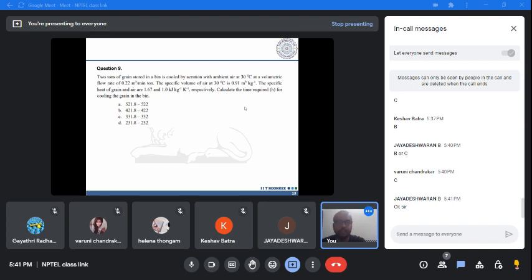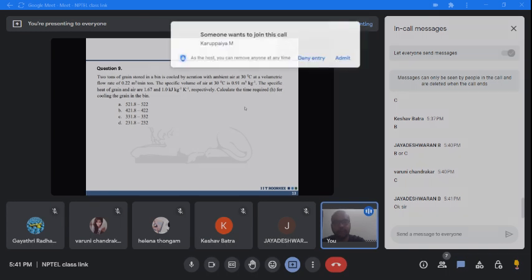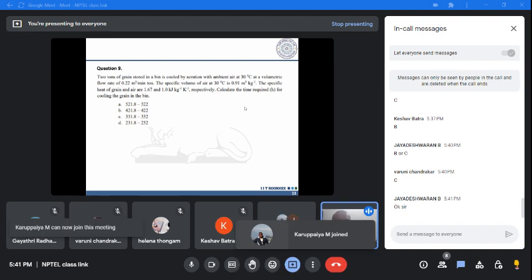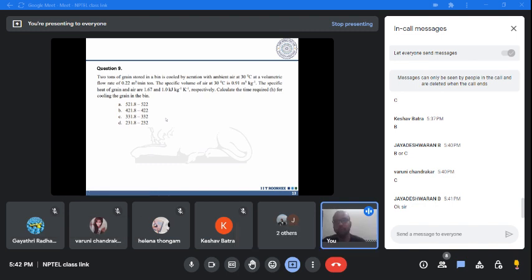The specific volume of air at 30 degrees centigrade is 0.9391 meter cube per kg, and the specific heat of grain and air are 1.67 and 1.0 kJ per kg per Kelvin respectively. Calculate the time required for cooling the grain in the bin. So you need to find out the time to cool the grain in the bin.